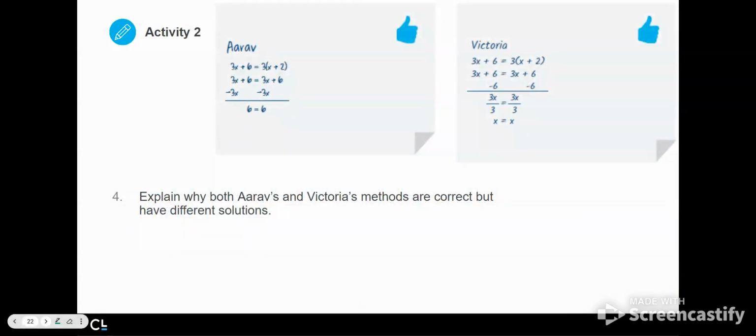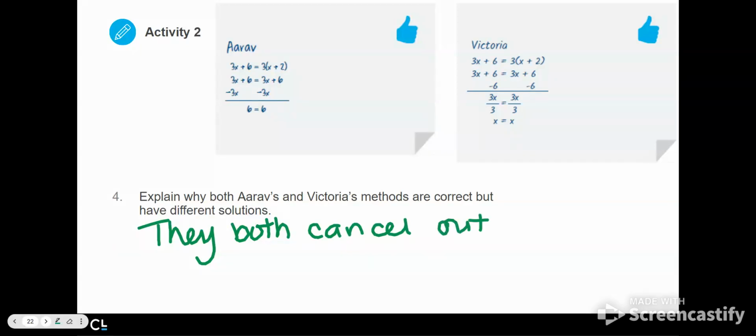Explain why they're correct but they have different solutions. So they both cancel out something. One has a variable and one is the constant.